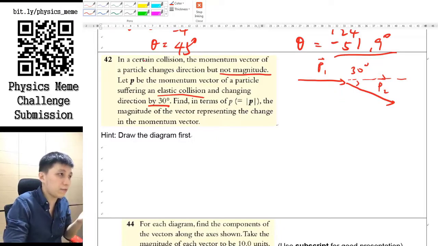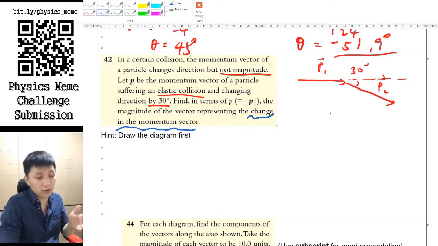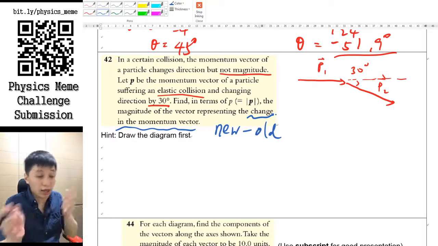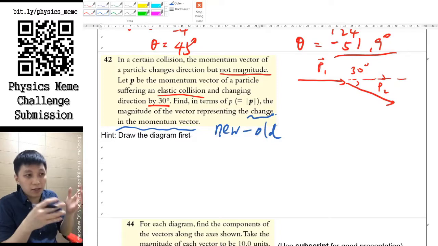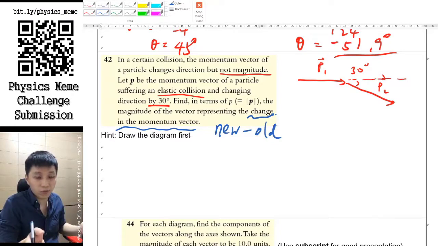So if you try to find out the change in momentum, and when you say change, that is always new minus old, right? Just like how you do in mathematics. When you find percentage change, it is always new minus old divided by old, right?